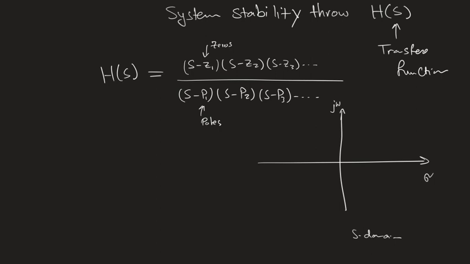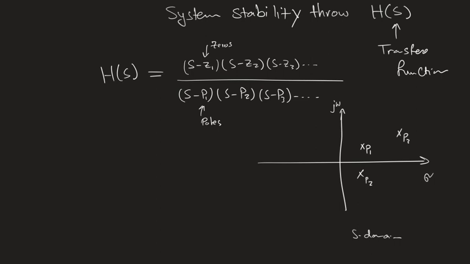And at the value p1, let's say p1 is equal to 3 or maybe 2 plus j2, so p1 is a complex number that exists here. It has some real value and some imaginary value. That's p1. We also have p2, p3, and so on. These are what we call the poles of the system.